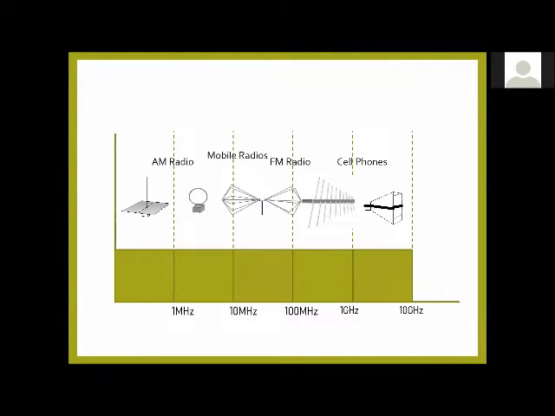This just gives an idea of where we have different antennas, you know, AM radio, kilohertz, FM radio, megahertz, and cell phones, gigahertz. That's not exactly right, but it's close.